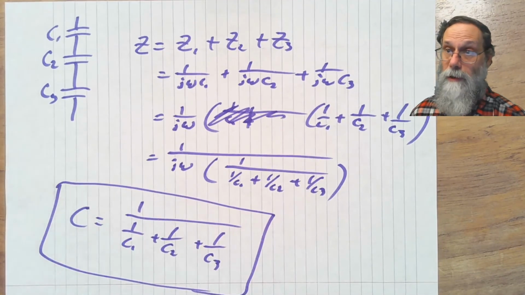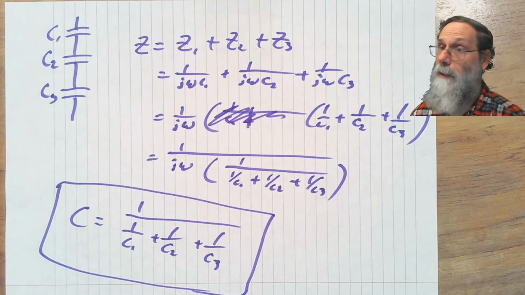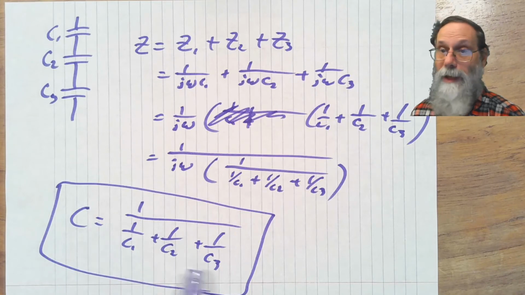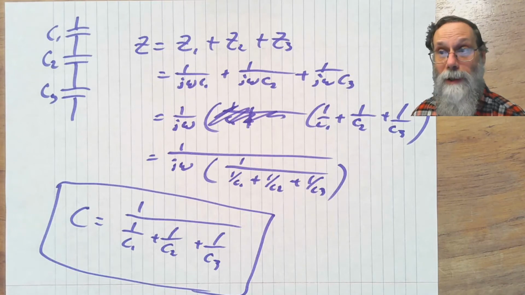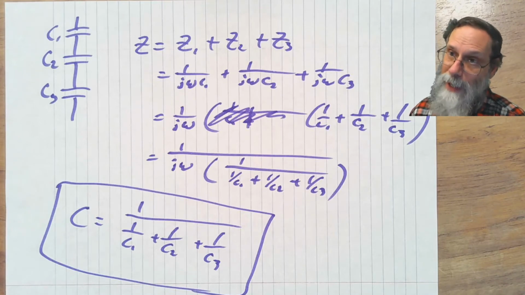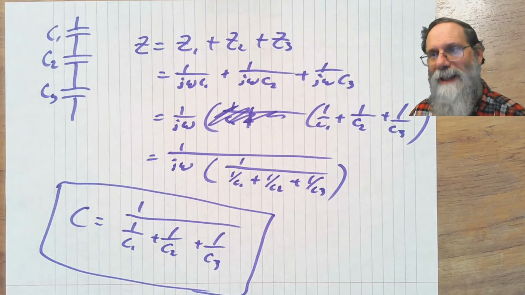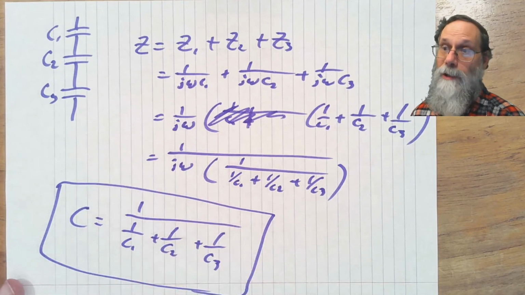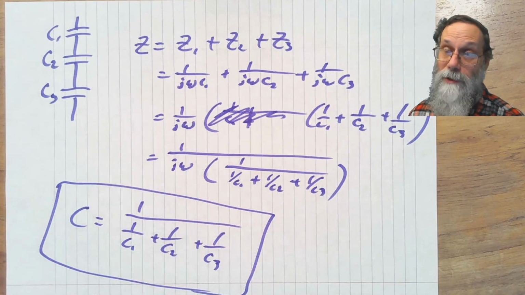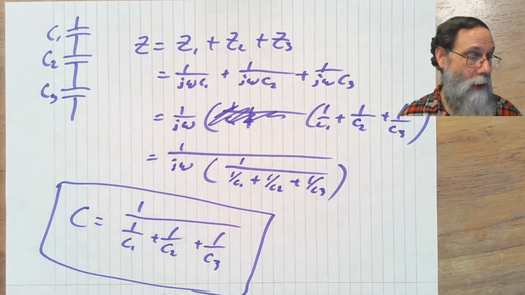Capacitors in series follow the same formula that resistors in parallel did. You add their inverses and invert that. So we don't really have new formulas here. We just have to know that capacitances are inversely related to the impedance, so we end up swapping the parallel and series formulas from what we had for impedances.